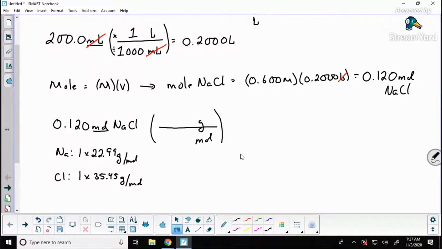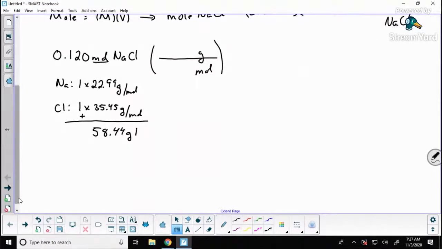So once we multiply 1 times 22.99 and 1 times 35.45, we would add up those values and we'd find 58.44 grams. Again, in this case, we're dealing with sodium chloride. So it'd be that many grams of sodium chloride per every 1 mole of sodium chloride.